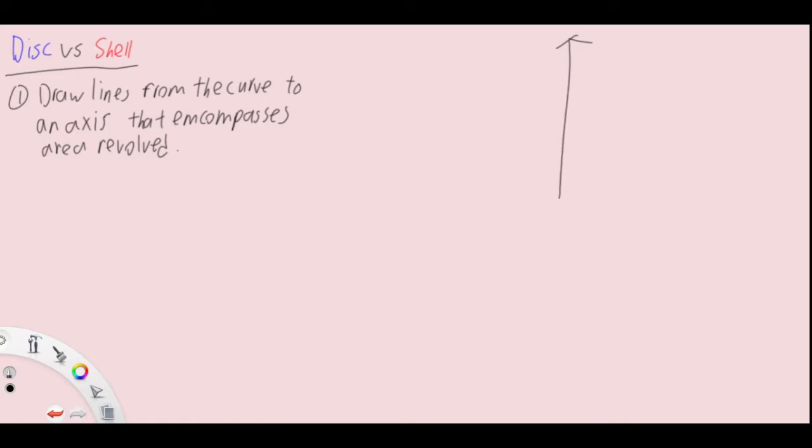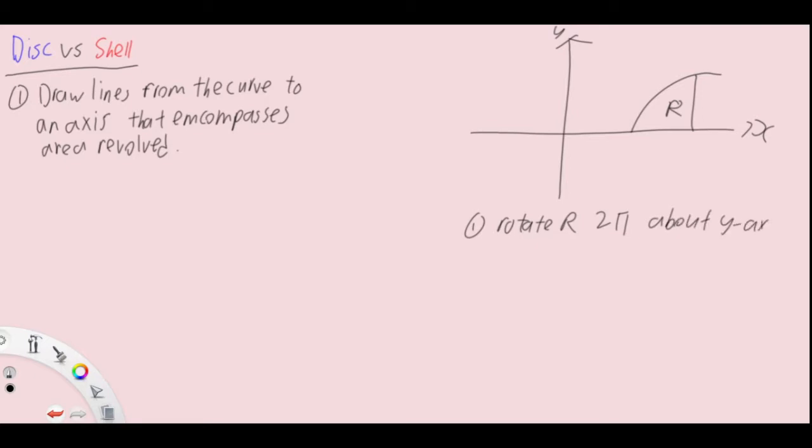For example, I have this graph here, and let's say I have an area here that is R. This quadrant here is R. If I want to rotate it, let's say the first question is: rotate R 2 pi about the y-axis.